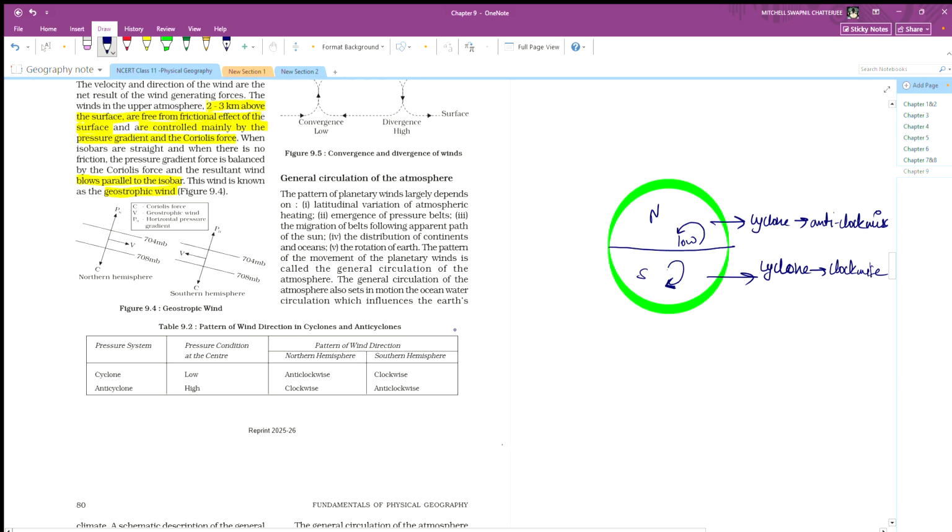And the anticyclone is just the opposite of all this. When an anticyclone occurs, the pattern in the northern and southern hemispheres is completely opposite. In an anticyclone the area is with high pressure. At the center where the anticyclone occurs there is a high pressure area, whereas at the center of the cyclone it is a low pressure area.